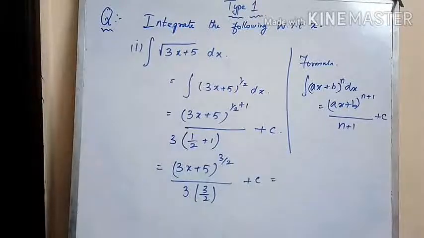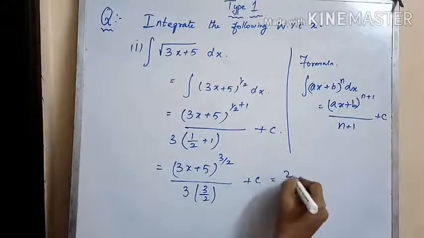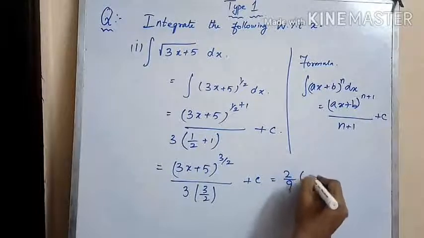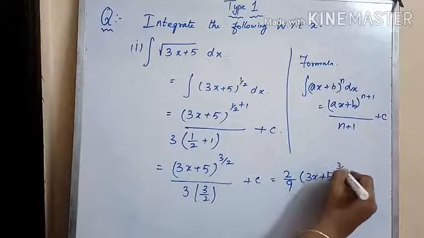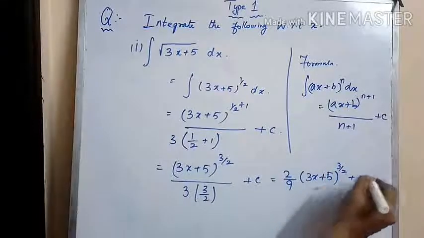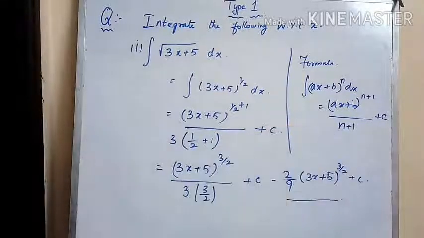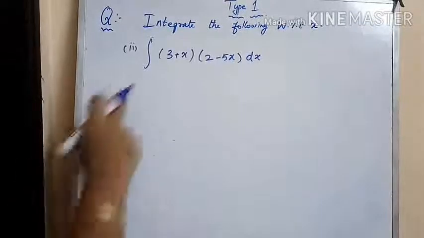So it can be further reduced to 2 by 9 into 3x plus 5 whole to the power of 3 by 2 plus c. In integration, plus c is very important.